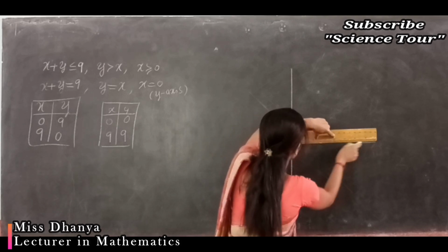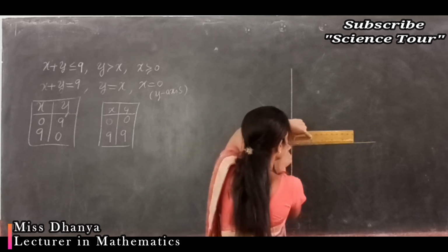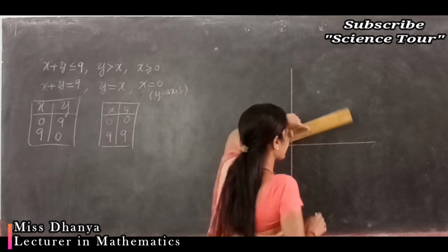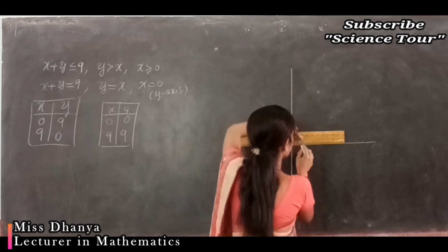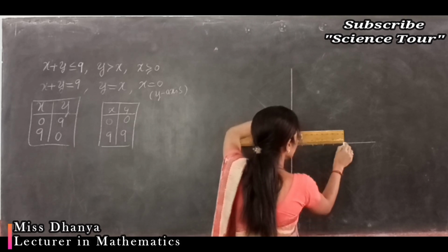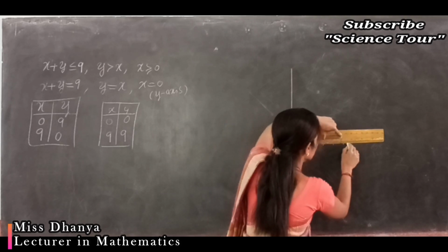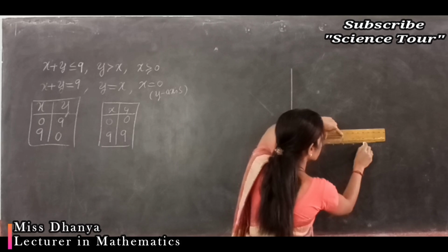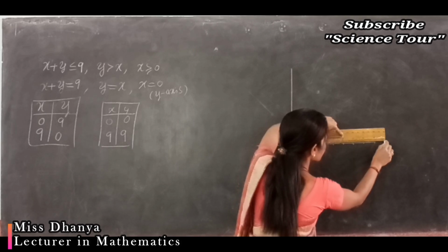Now you need on both sides of the positive axis up to 9. Okay, so mark up to 9. 1, 2, 3, 4, 5, 6, 7, 8, 9.